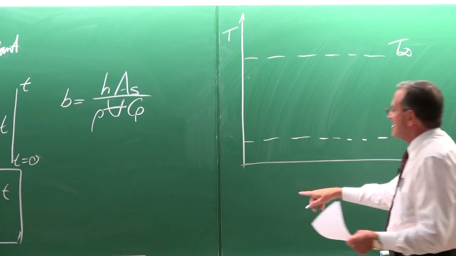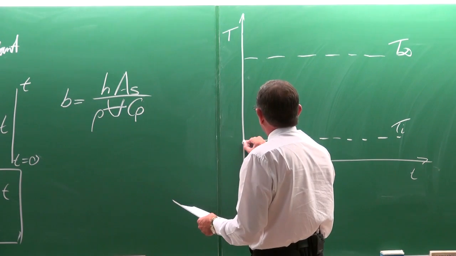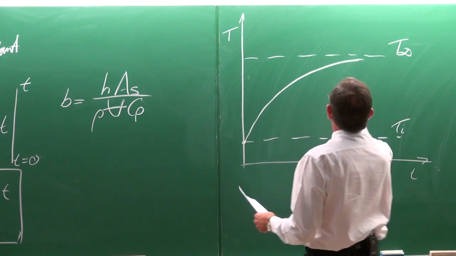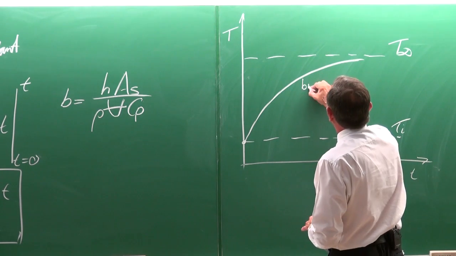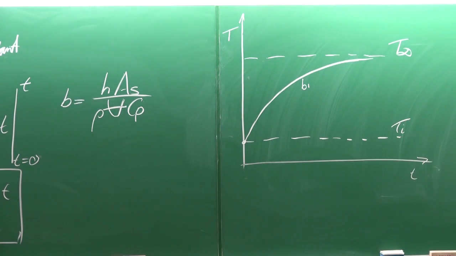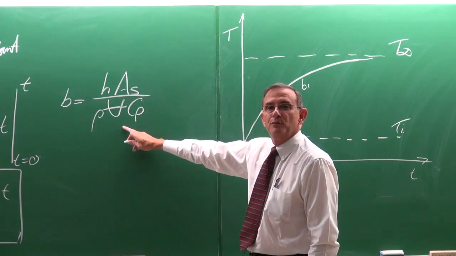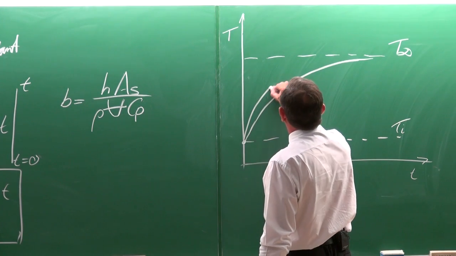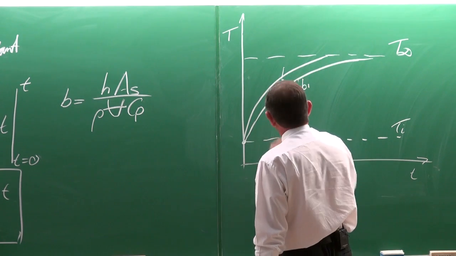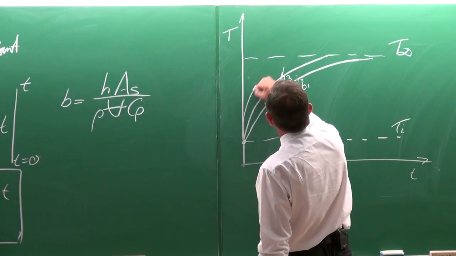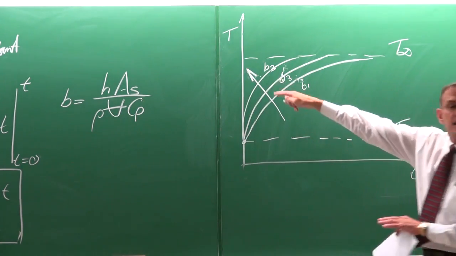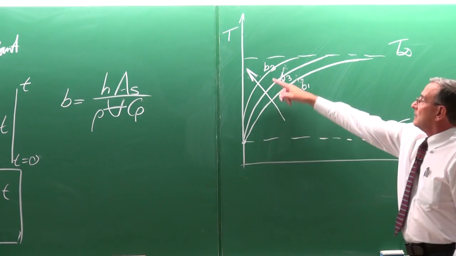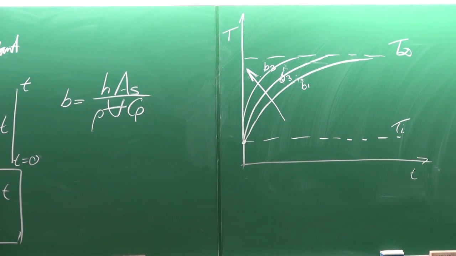So at t equals 0, the temperature is equal to that, and then you're going to get a solution for that with a specific value of B1 looking like that. And if B2 becomes larger, then the solution would do that. That is B2, and then B3. So in general, as B increases, we'll get that type of result.